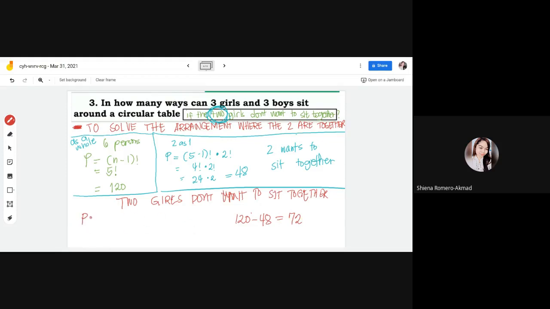We have permutation is equal to n minus 1 factorial minus ito. Okay, or simply, permutation ng 6 minus permutation ng dalawa who wants to sit together.